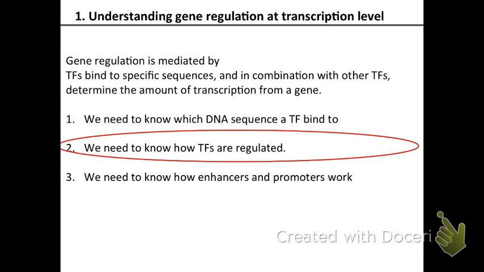So to understand gene regulation in an organism, first we need to find out what the transcription factors in that organism are and which sequences these transcription factors bind to, right? And in the last lecture, we went through some of the techniques that molecular biologists use to look at which sequences specific transcription factors bind to, such as the footprinting assay or gel shift assay and other techniques like that.